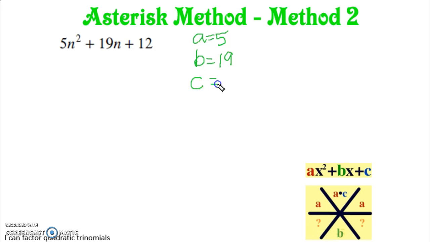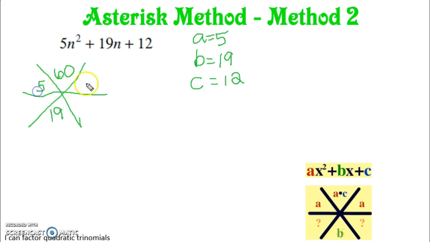And C is 12. So let's plug in what we know. On the top, we multiply the A times the C, and we'll get 60. On the bottom is 19, and the A's are 5 and 5.